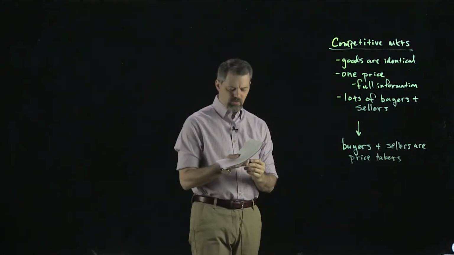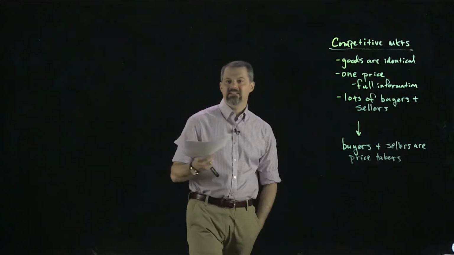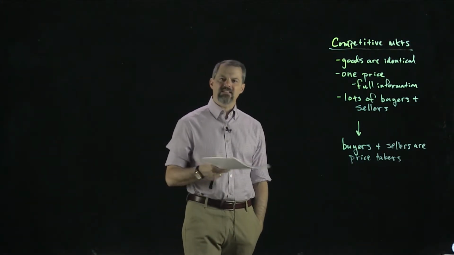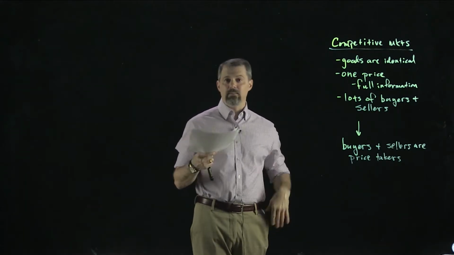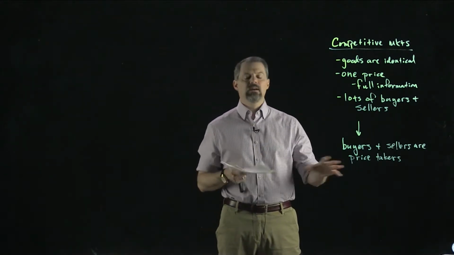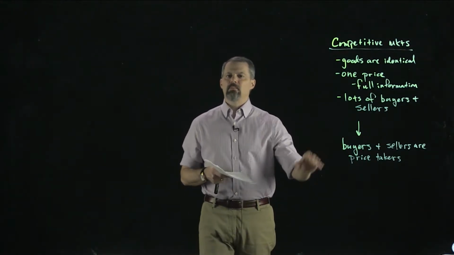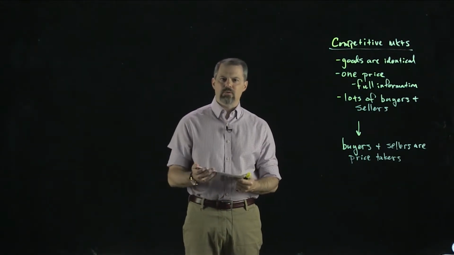They have no control over the price. That's different from, say, a monopoly. A monopoly is a price maker. They get to decide what the price is. They're limited by how much people are willing to pay, but they still get to pick the price. In a competitive market, neither the buyers nor the sellers have any control over price.